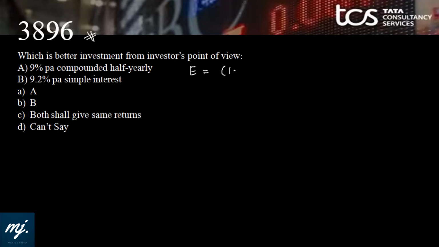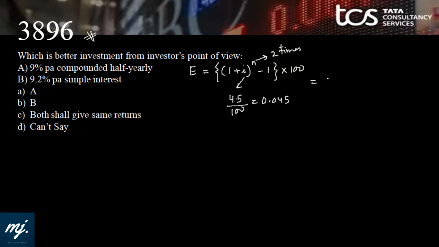1 plus I to the power n minus 1 into 100. In this case, I is 9% per annum compounded half yearly. That means I is 4.5%, that would be 0.045. And it is half yearly, that means n becomes 2, the number of times it is compounded in a year.